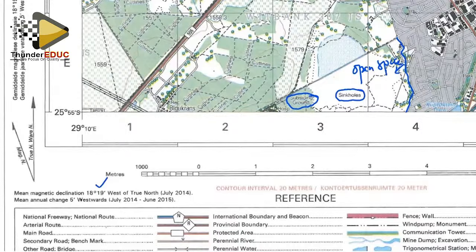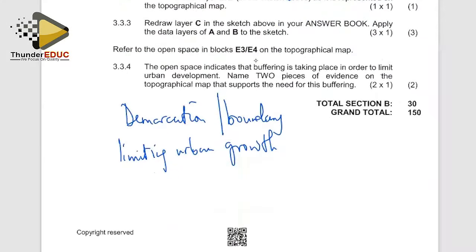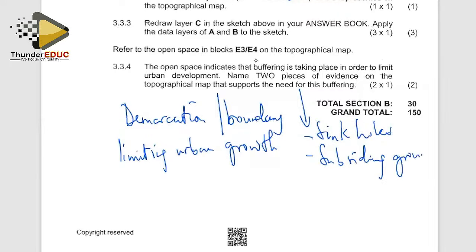So our justification is the area has sinkholes and it also has subsiding ground. Those are our responses as to why there's need to buffer that particular urban area and not encroach into that open space. It's a very risky area to develop infrastructure and to build houses.